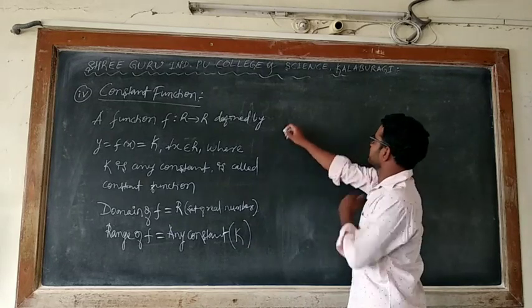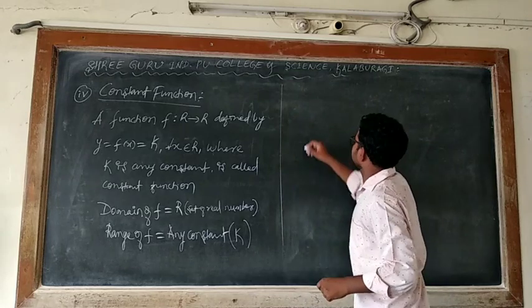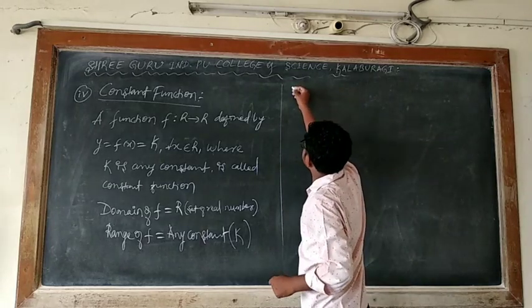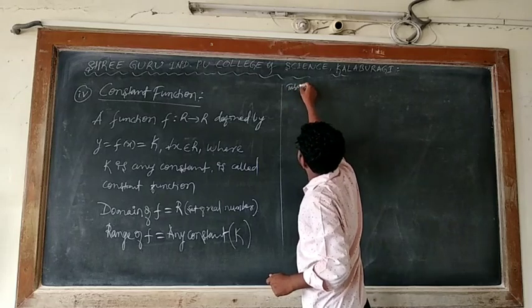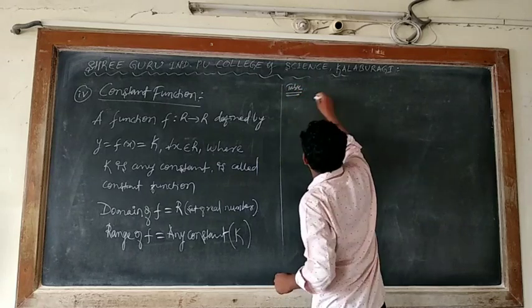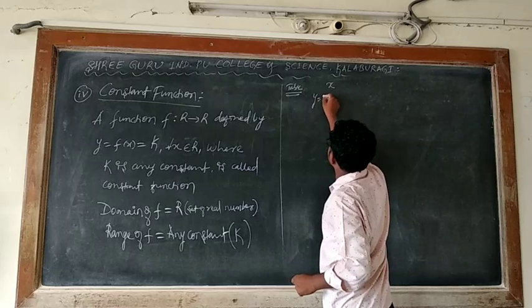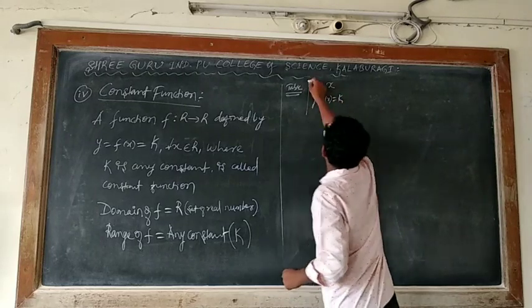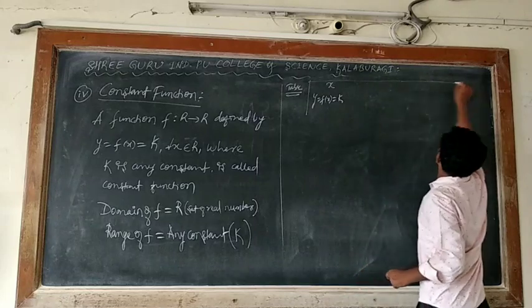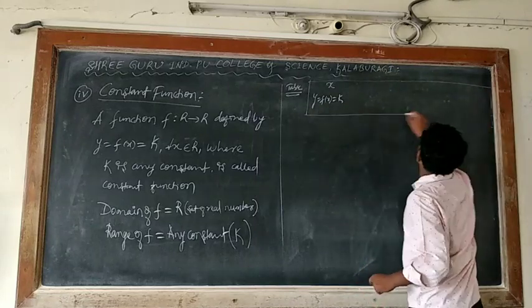For example, I will take a table: x, y is equal to f of x is equal to k. I will take the same numbers again, 0 and all.